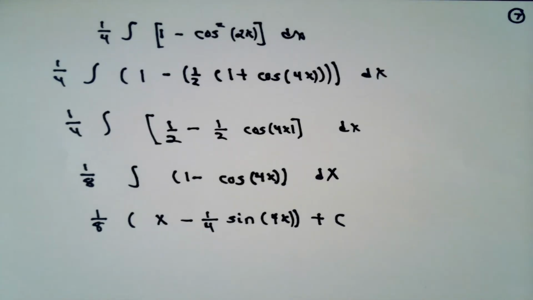Then I'll have minus 1/2 cosine of 4x. I can factor another 1/2 out of that, 1/8 integral 1 minus cosine 4x, and then finally, we know how to integrate that. This is 1/8 multiplied by the quantity x minus 1/4 sine of 4x plus a constant.